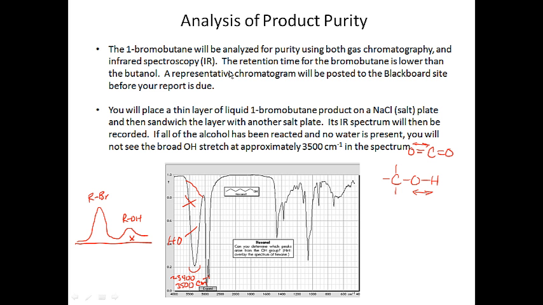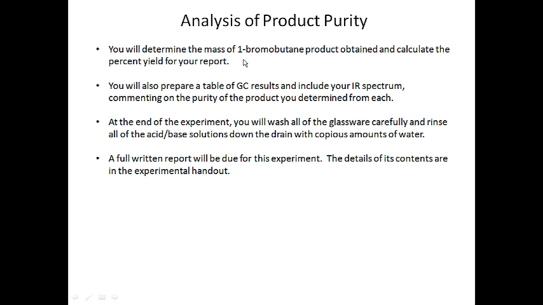We're not going to determine the refractive index, because the refractive index of the alcohol and the alkyl bromide are very similar, and we can't get any quantitative information from that. So the three tests of purity are appearance, IR, and GC.